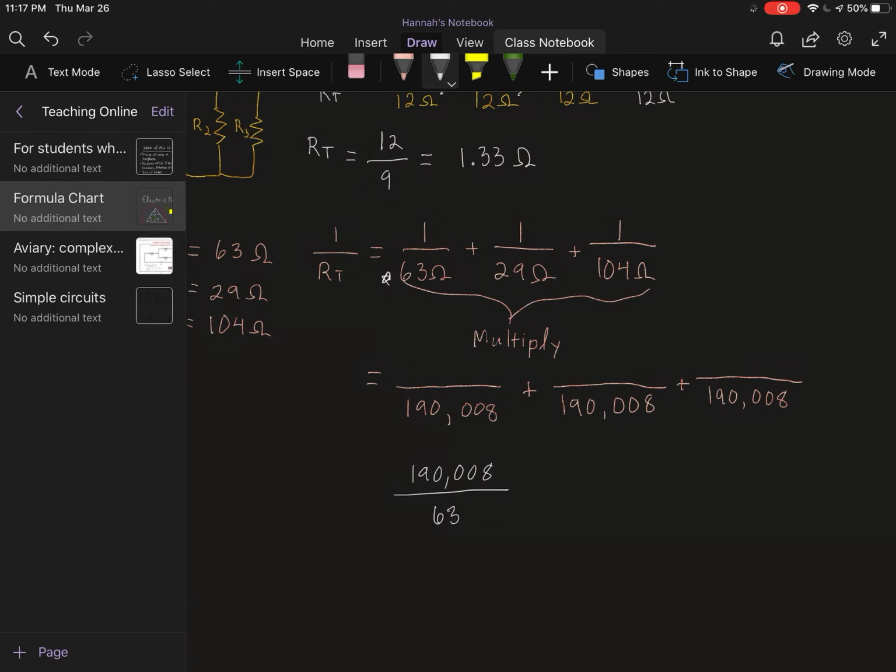So I'm going to divide those. And that makes my numerator 3,016. I'm going to do the same thing for the rest of my numbers. Divided by 29. And divided by 104.